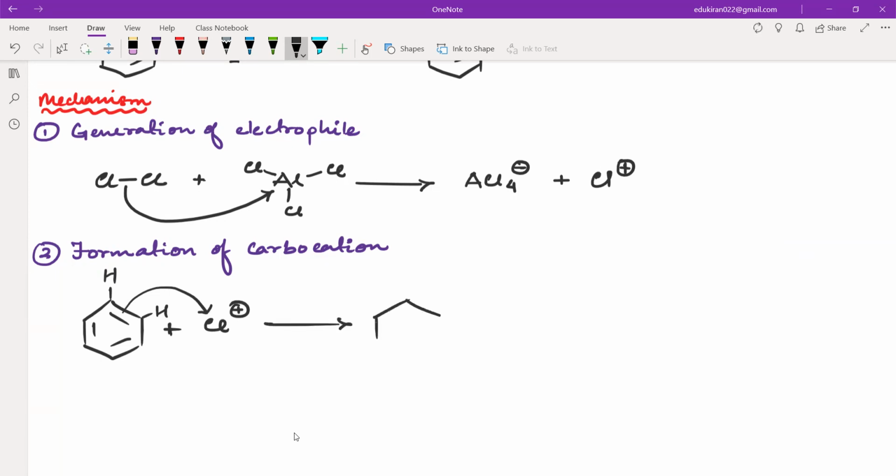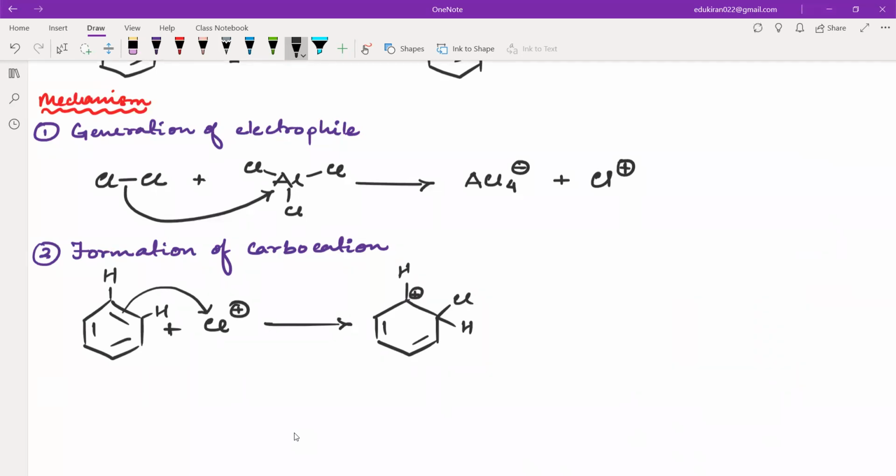We have our benzene ring with this bond broken, but these bonds are intact as they are. And here, let us say we have hydrogen, and here we have added chlorine, and hydrogen also is present. Nothing has gone. We have just broken a pi bond. That is why this will get a positive charge.